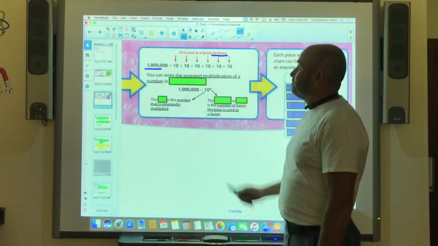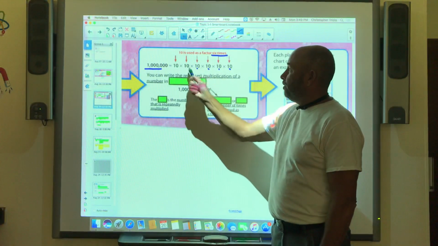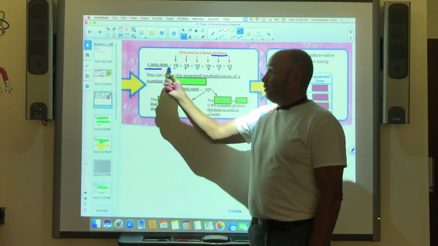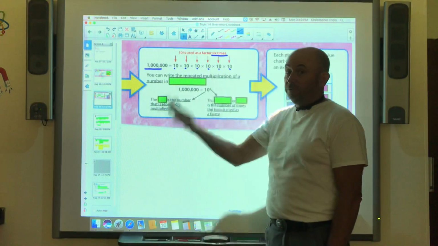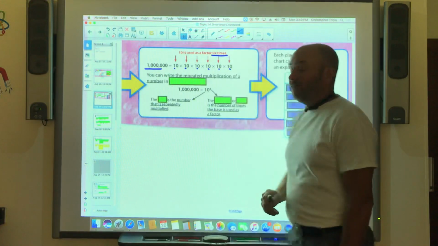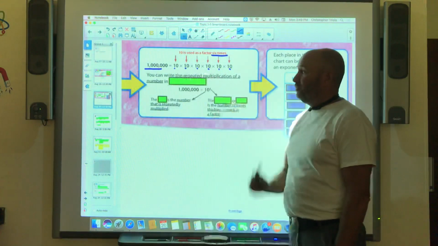In other words, you would have 6 zeros from 6 tens to equal 1 million. So that's how you would use 10 as a factor 6 times to get a million.